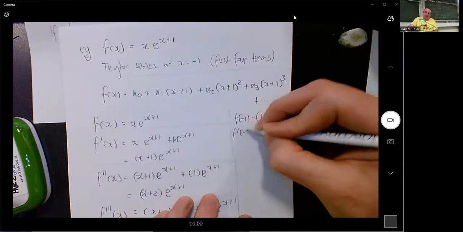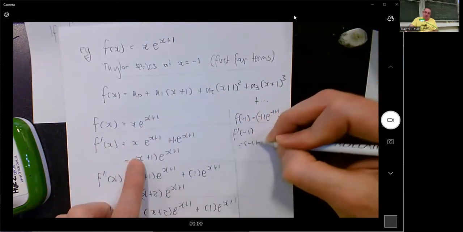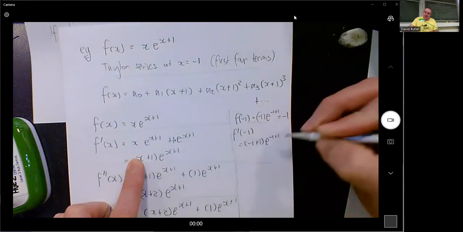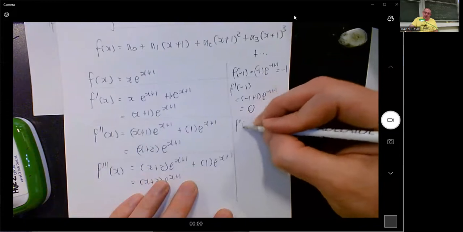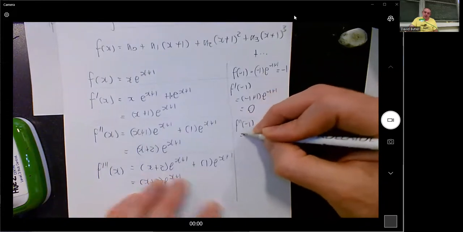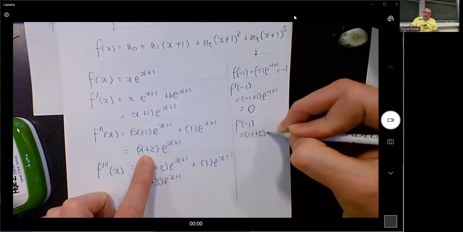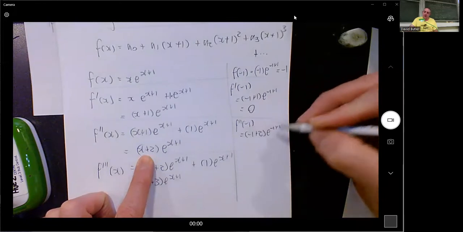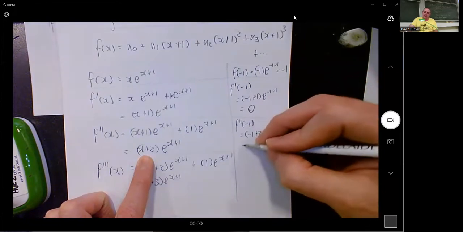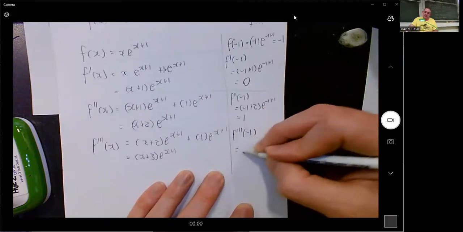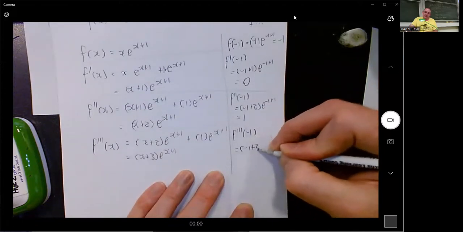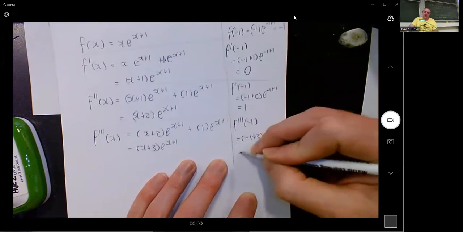And f dashed of -1 is -1 plus 1 e to the -1 plus 1, which is 0. And f double dashed of -1 is -1 plus 2 e to the -1 plus 1, and e to the 0 is 1, so I'll get 1, and f triple dash of -1 is -1 plus 3 e to the -1 plus 1, which is 2.